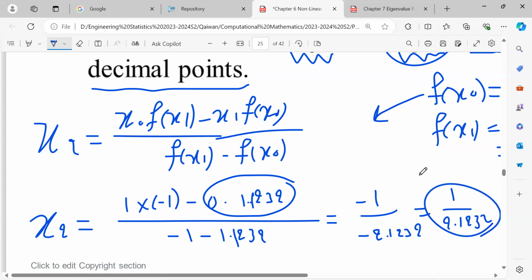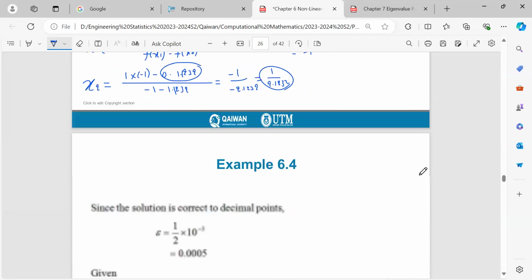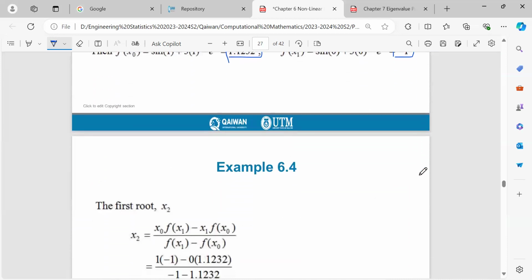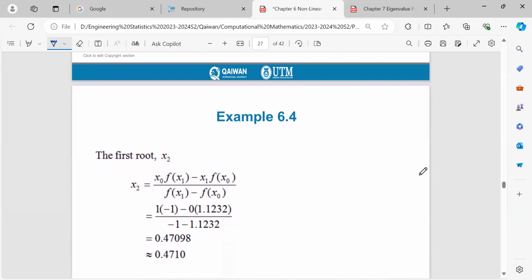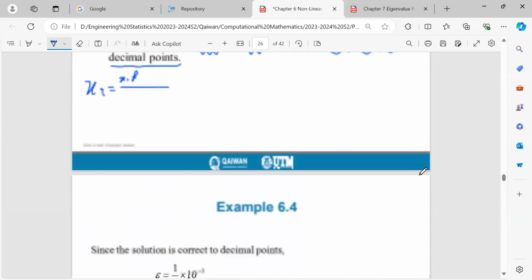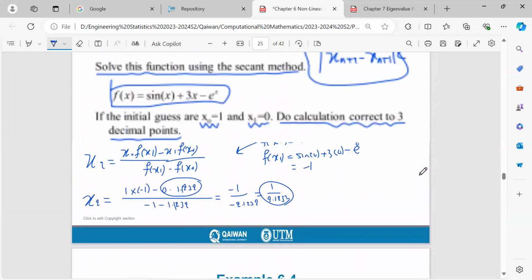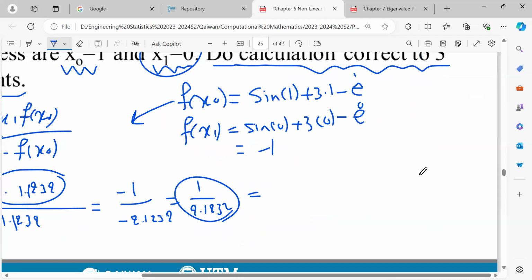As both numerator and denominator are negative, it becomes positive and equals 0.4710. This is x2.